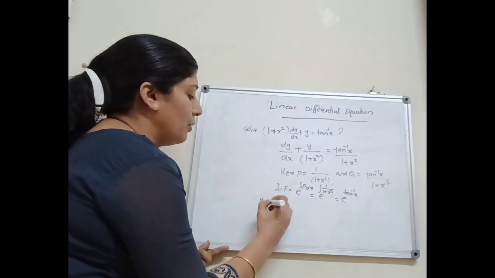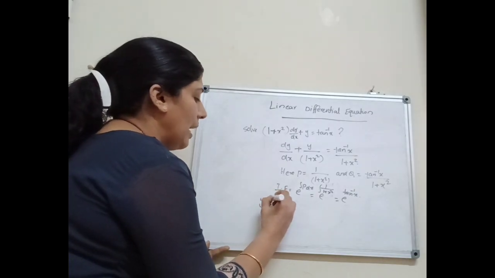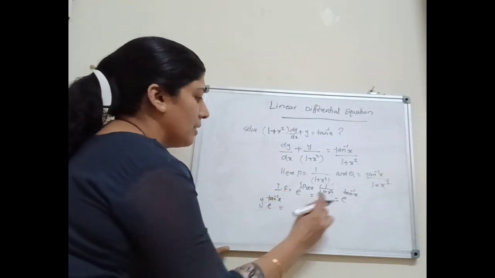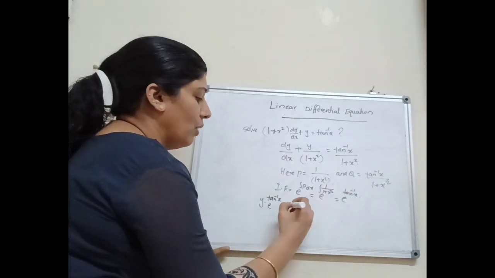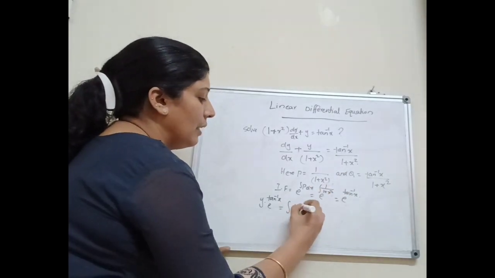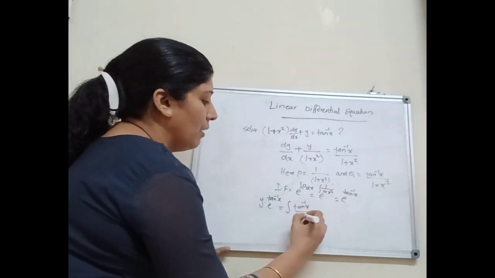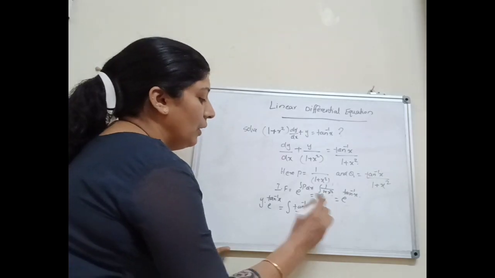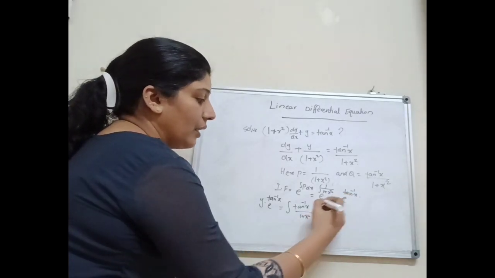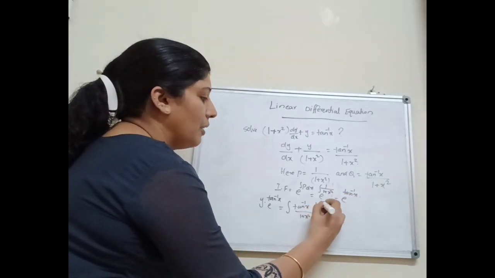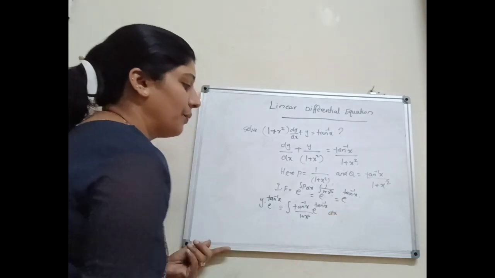That is y into e raised to tan inverse of x, the integrating factor, equal to integral, here q is tan inverse of x divided by (1 plus x square), into, again, the integrating factor e raised to tan inverse of x dx.